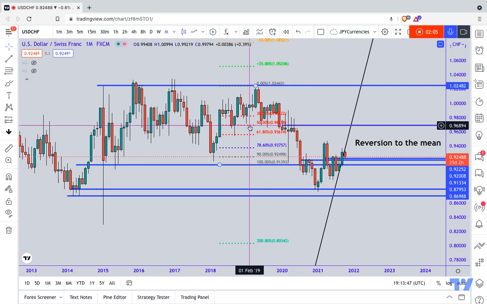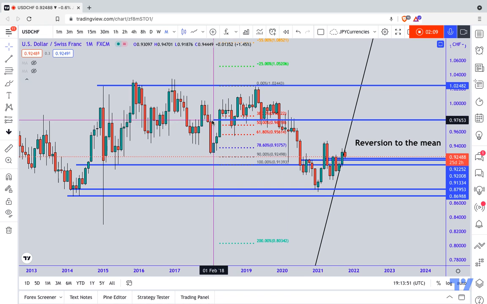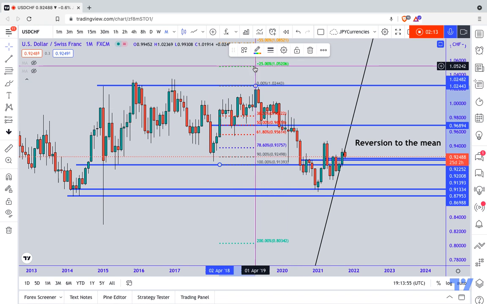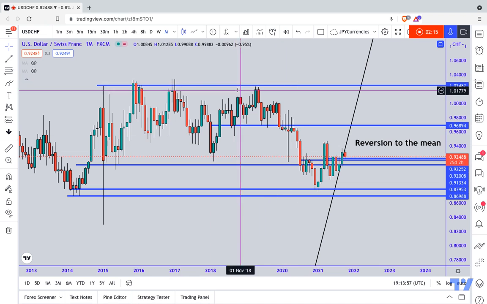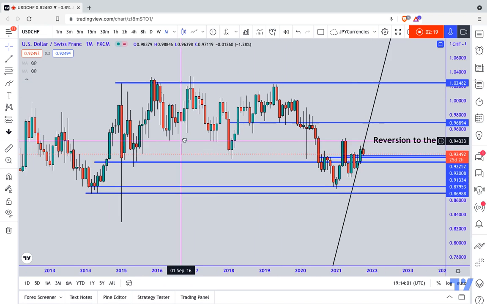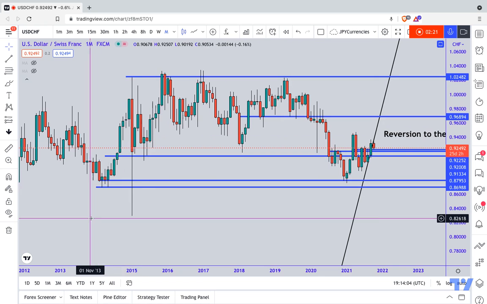You see the 50% sits right here if I extend this. So the 50% gives us the midpoint of this range where price traded the most since 2015.